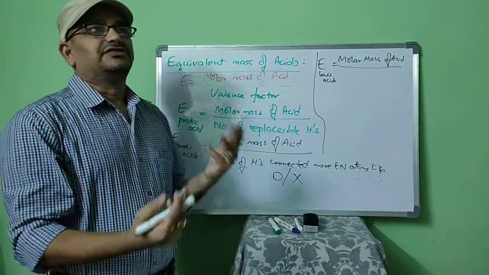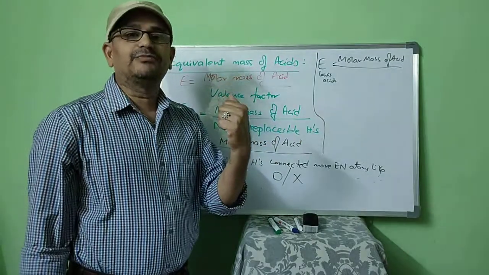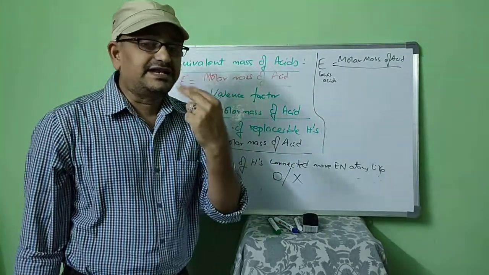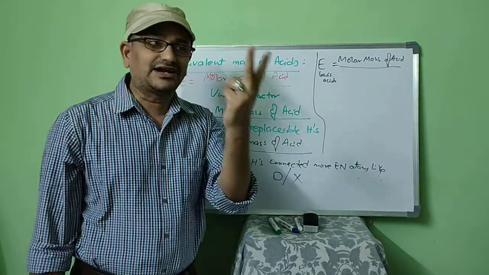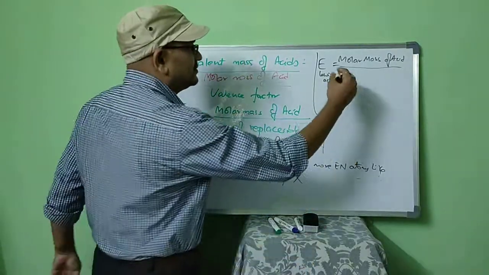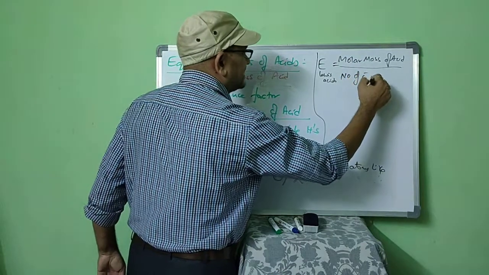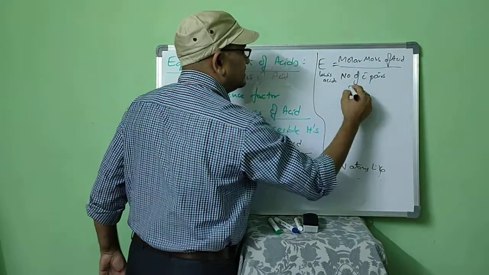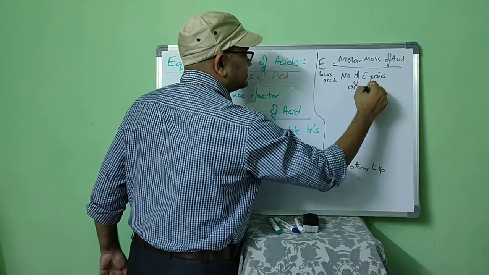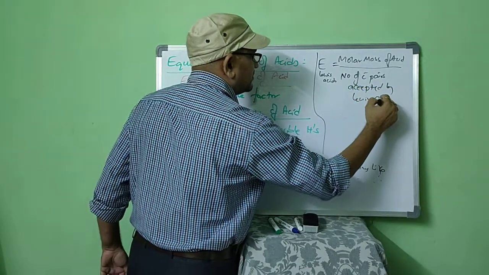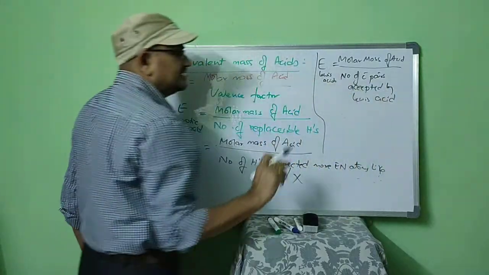A Lewis acid is the one which accepts an electron pair, two electrons, to form a dative bond. So, molar mass of acid by number of electron pairs accepted by Lewis acid.